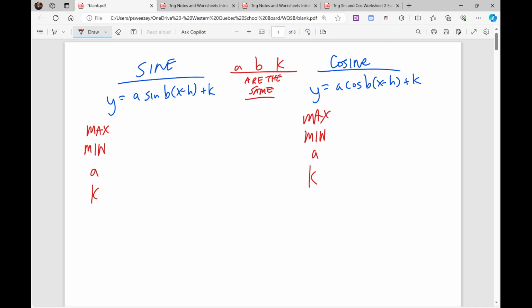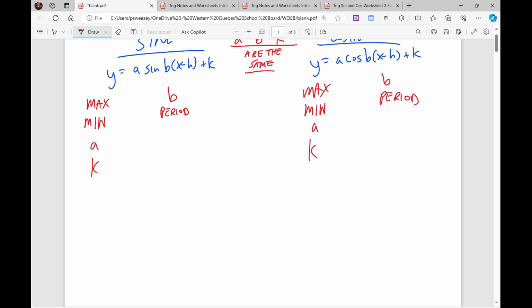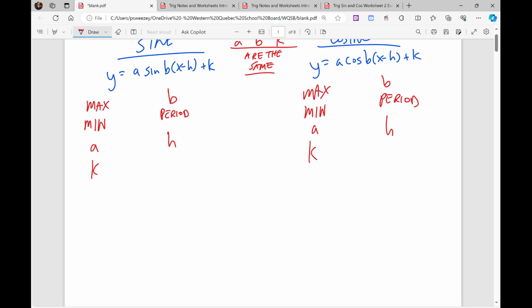Now, the only thing that's different, in fact, I'll even write B and period, B and period. That procedure is exactly the same, but herein lies the difference between them. So H, kind of the same thing, just starting at a different point.